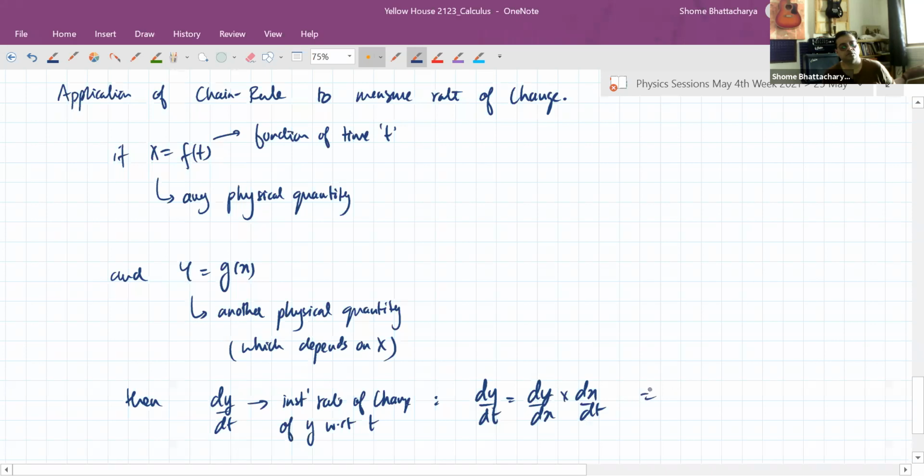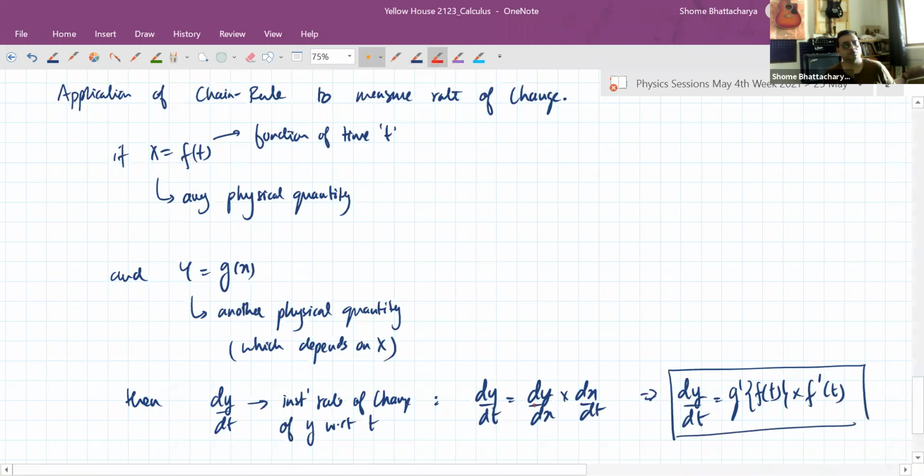Okay, so that will become g prime of f(t) multiplied by f prime(t). Okay. So this is the chain rule concept here.